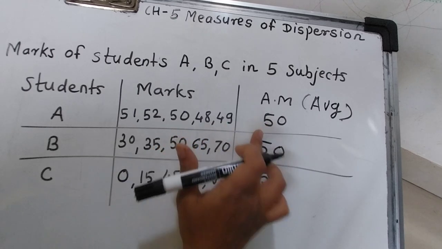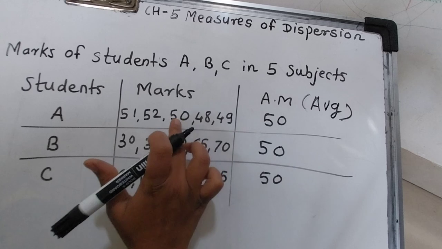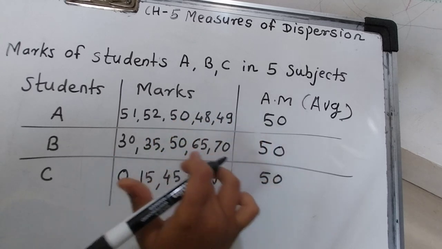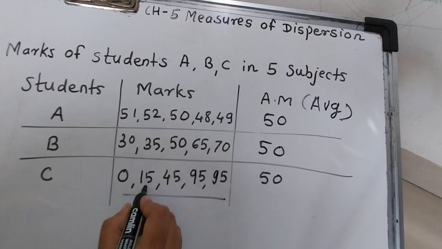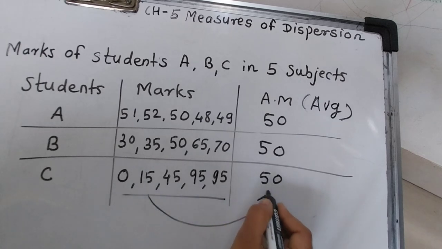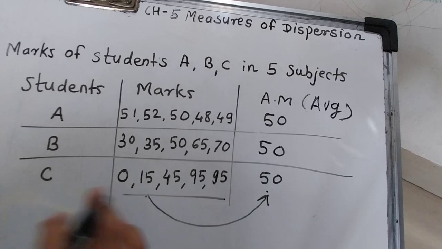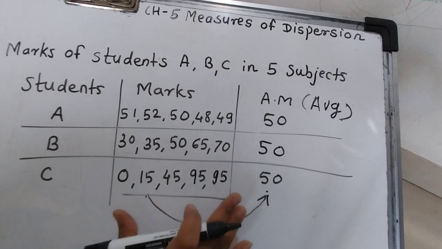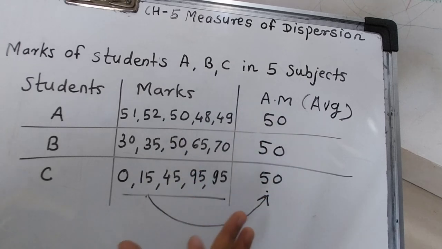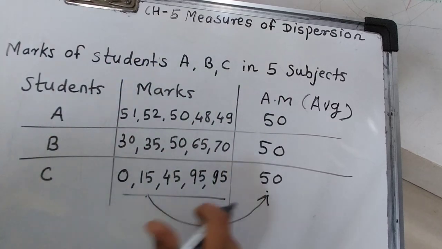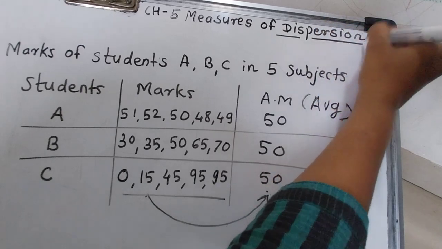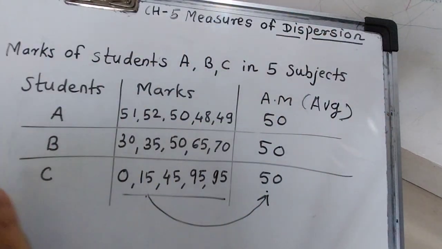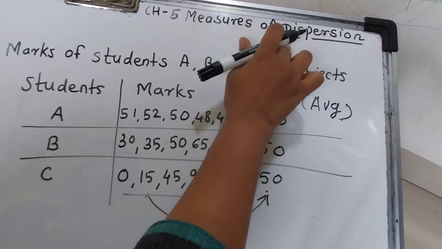This is the central value, but observations are scattered from it. Observe 0 and 15, and 50 and 15. How much difference is there? But still the arithmetic mean is 50. So this variation is called dispersion.